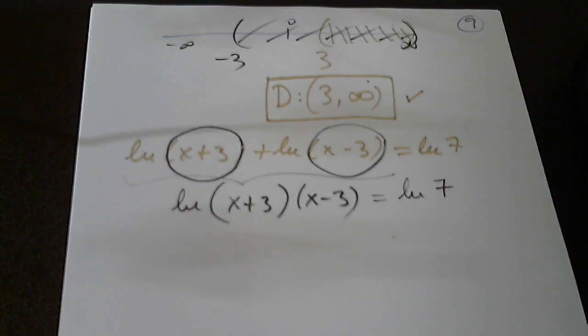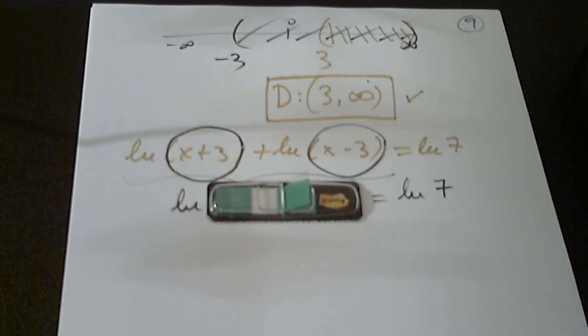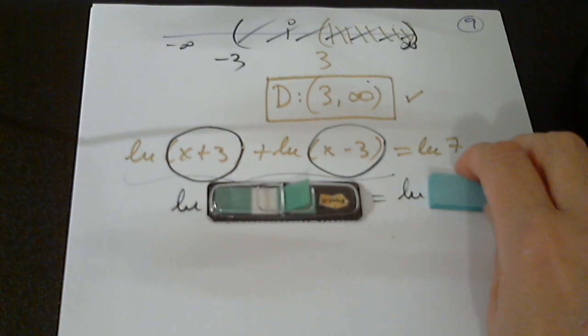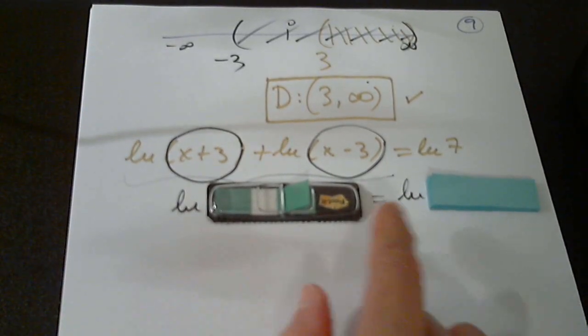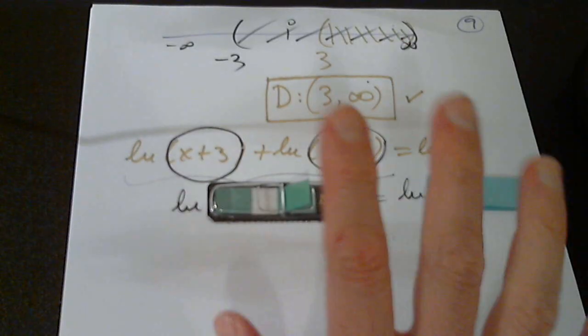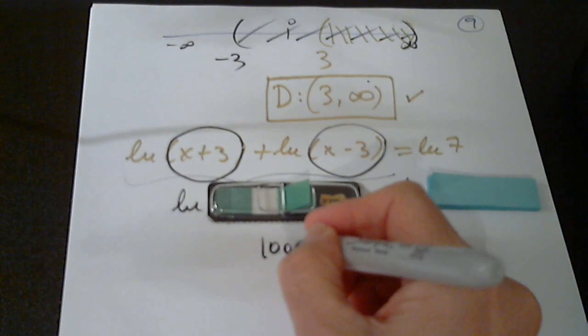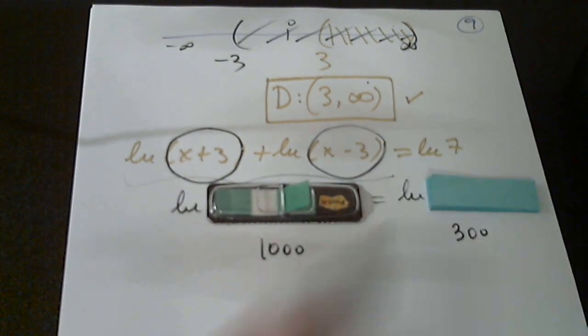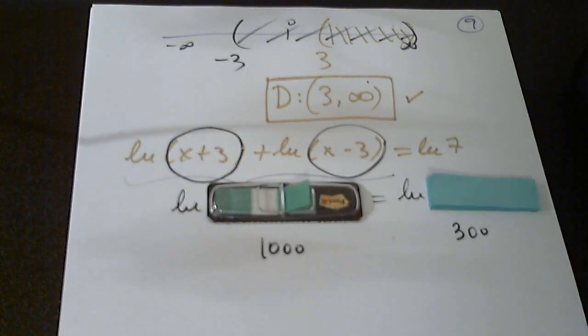Now, here's my next question. I have two logs. They have the same base. Do you think that I can have here 1,000 and here 300 if they are equal and they have the same base?